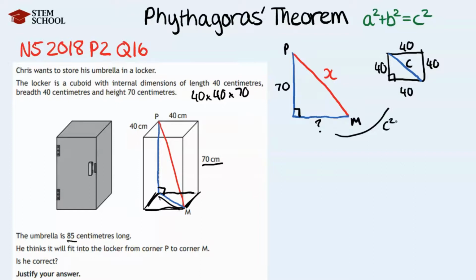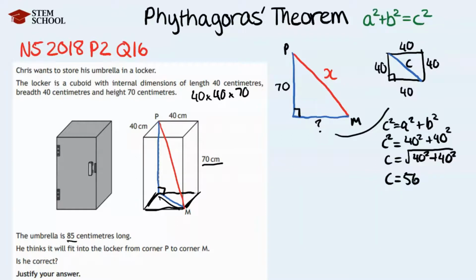We have C squared is equal to A squared plus B squared. So we have C squared is equal to 40 squared plus 40 squared. And then you can take the square root of that, so it'll be the square root of 40 squared plus 40 squared. And then when you pop that into the calculator, what do you have? You have 56.57 centimeters, okay?